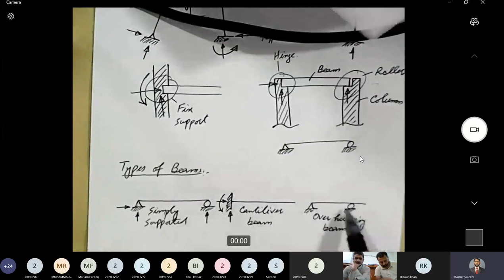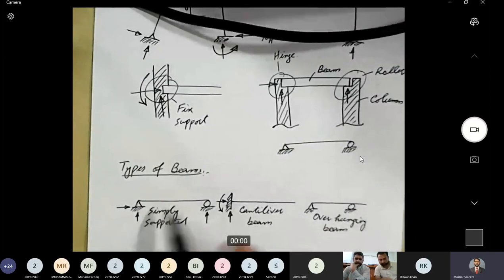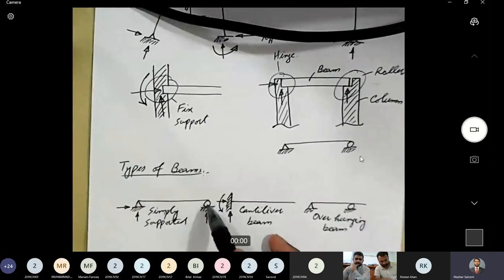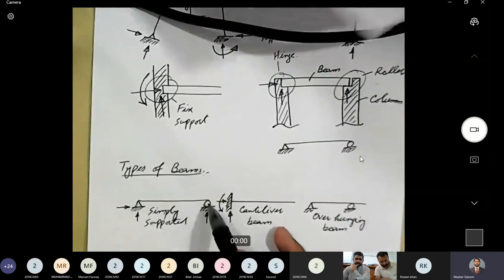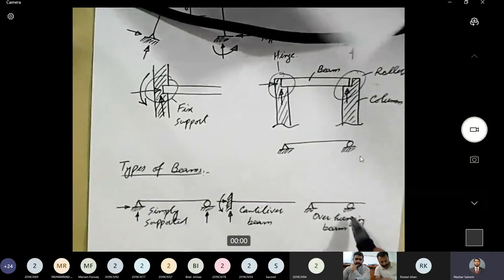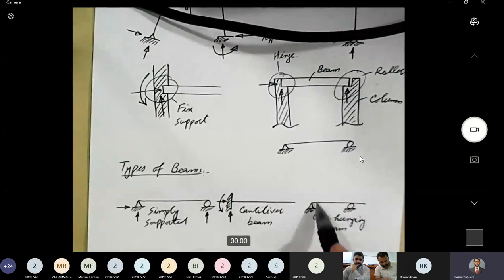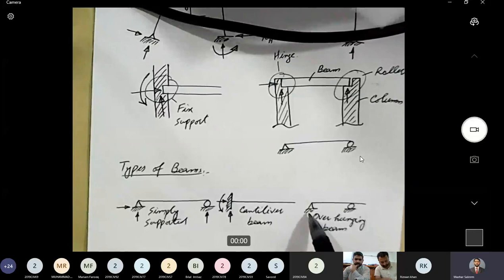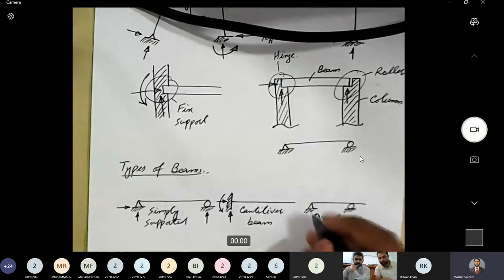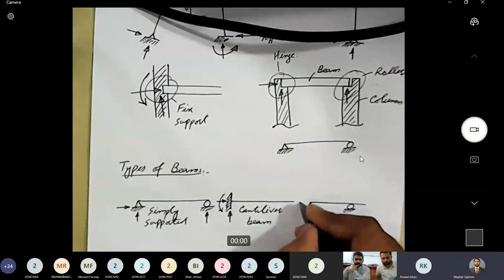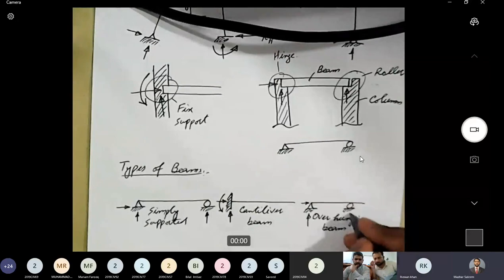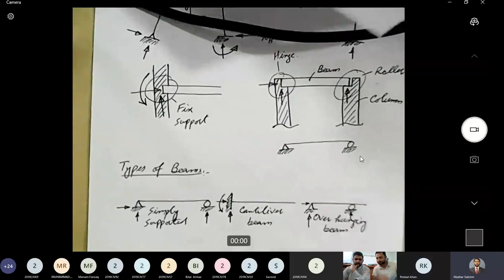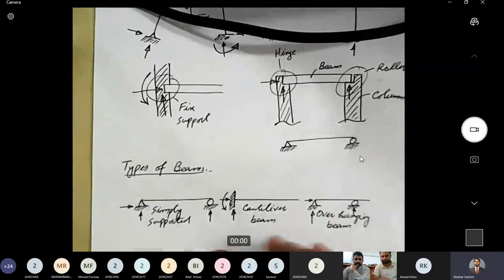For example, in a simply supported beam, both the extreme ends of the beam were supported. On the other hand, in the case of an overhanging beam, one end has support at the extreme end, but the other extreme end does not have any support. We have a support here. So we will have one reaction here, another reaction here, and the third reaction here. So this type of beam is an overhanging beam.